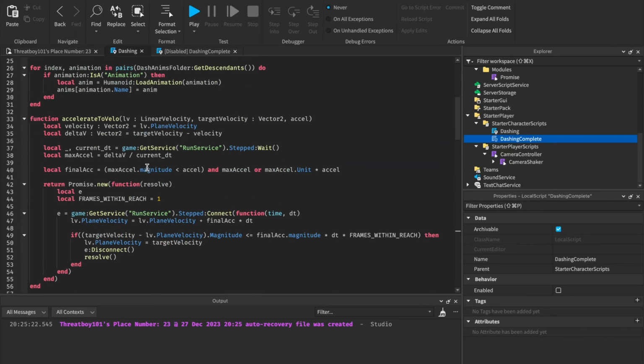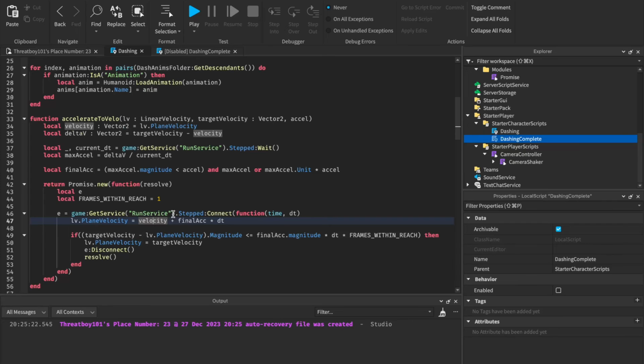Oh yeah, and one more thing: prior I had this. I changed it because we always want to update the current velocity. We want to add acceleration to the current velocity.